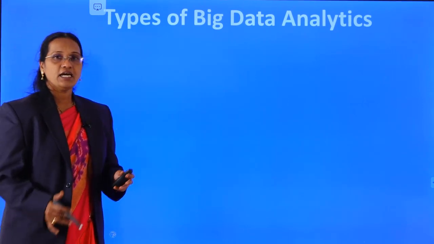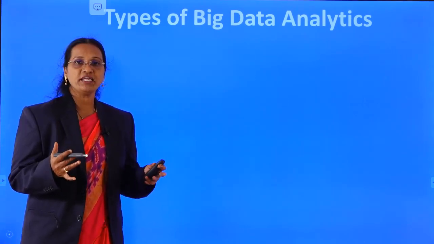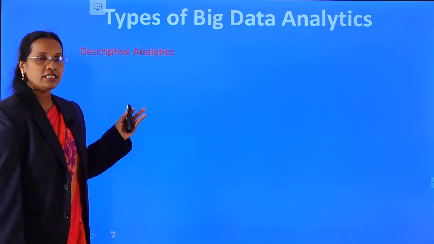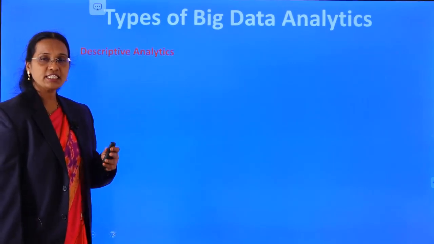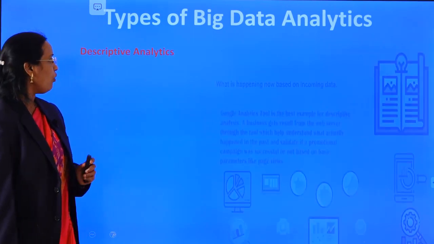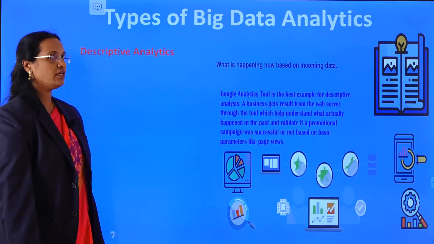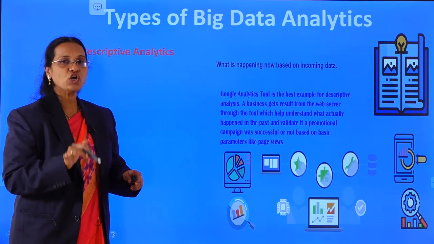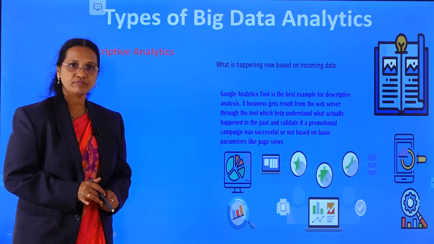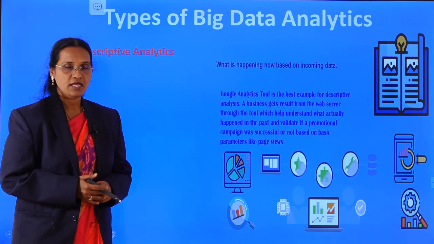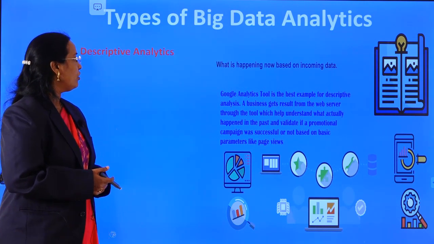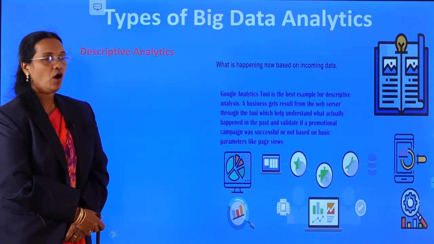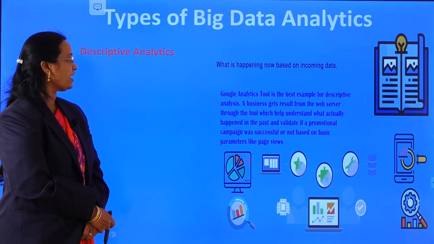Let us see the various types of big data analytics. The first type of analytics is called descriptive analytics. What is descriptive analytics? It is nothing but what is happening now based on incoming data. The best example of descriptive analytics is Google Analytics tools.